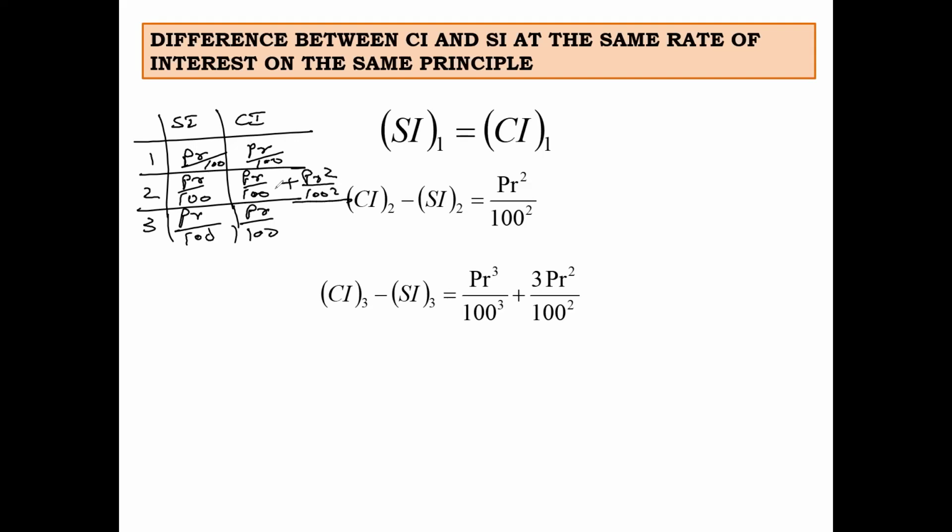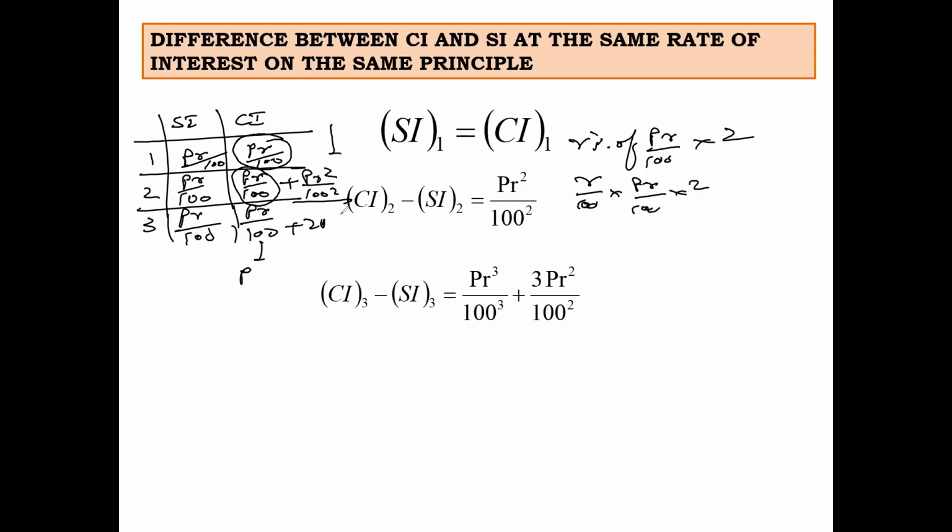Now, when we look at the third year, we get this on the principal, because the values written above this row are also the accrued interest. So I'll get interest on that as well. What will be the interest on this value and this value? R% of PR upon 100, and this is there 2 times. So R upon 100 into PR upon 100 into 2.